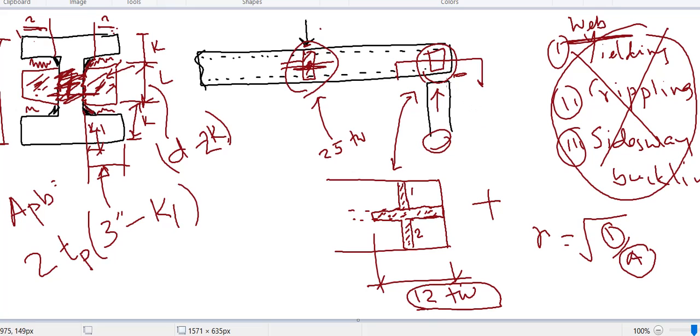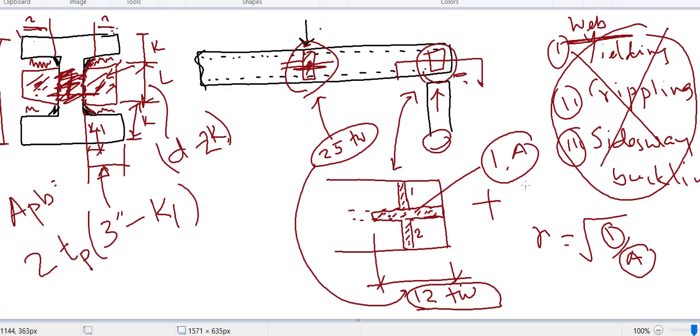In the intermediate stiffener it is 25. So do not forget it. For this case it is 12. That is the only difference. Everything else will be the same. Now we have to find the moment of inertia I of this section to find our R.